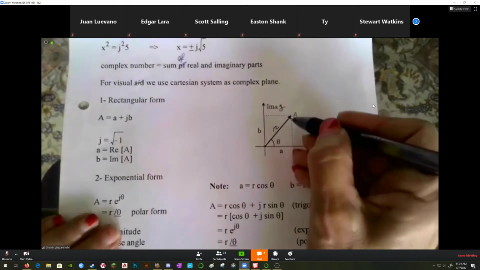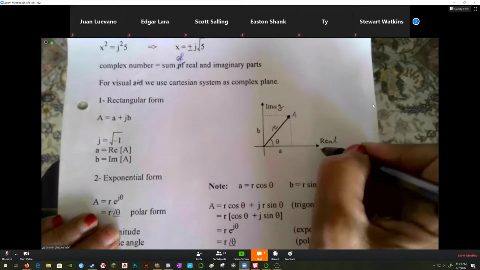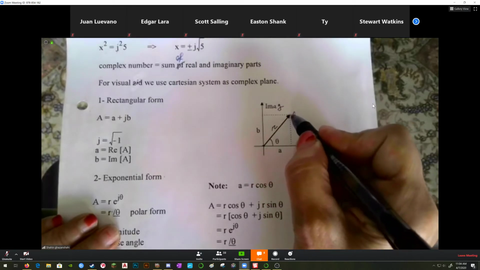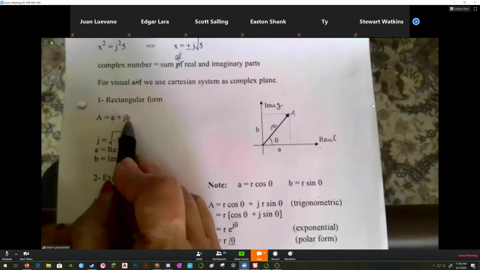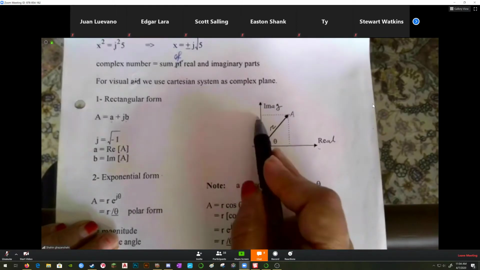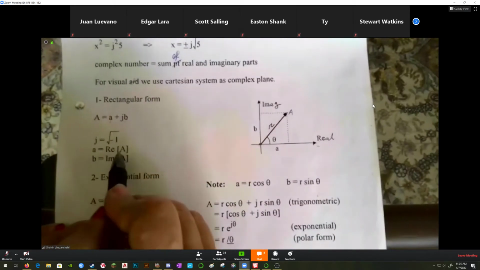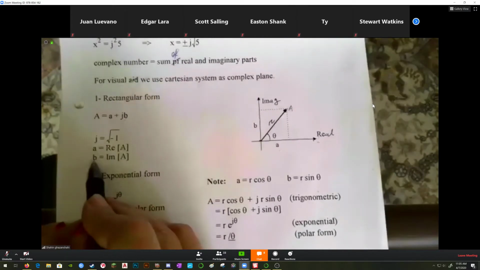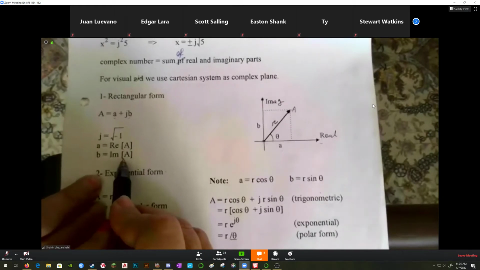If I have a point in this plane, the complex plane that we call real and imaginary, A, which I show as a plus jb, the a is the real component, b is the imaginary component. So a is on the horizontal axis, b is on the vertical axis. a is called the real part of A. b is called the imaginary part of A. Is it correct so far?